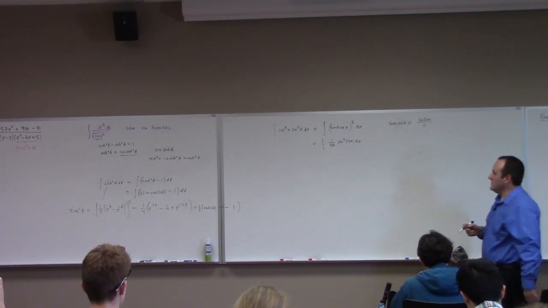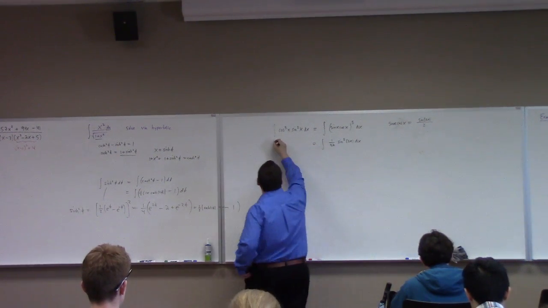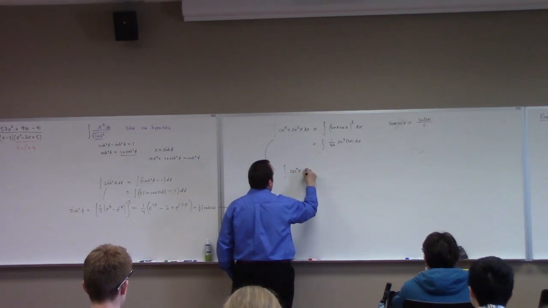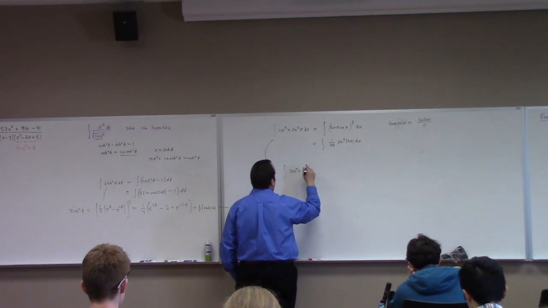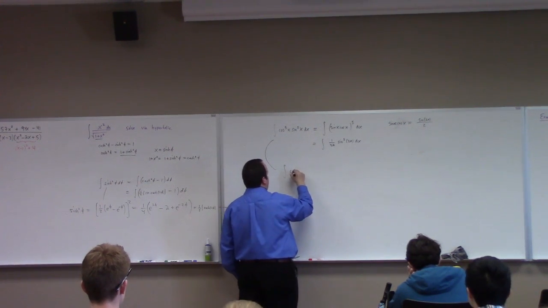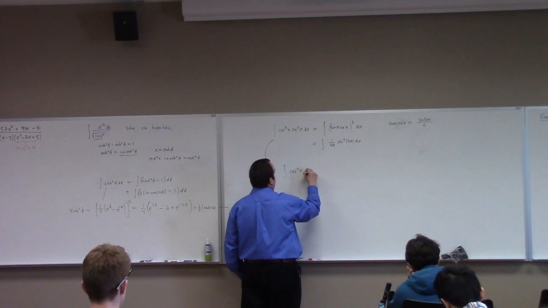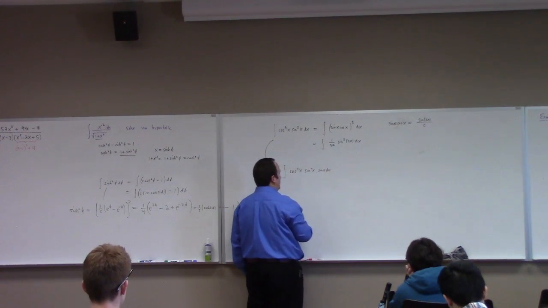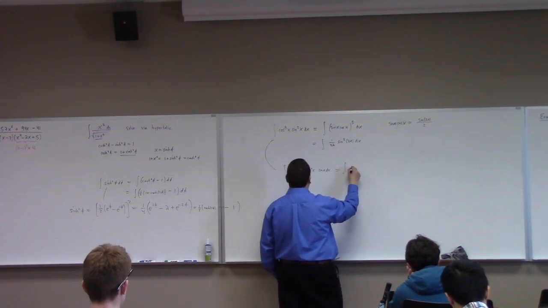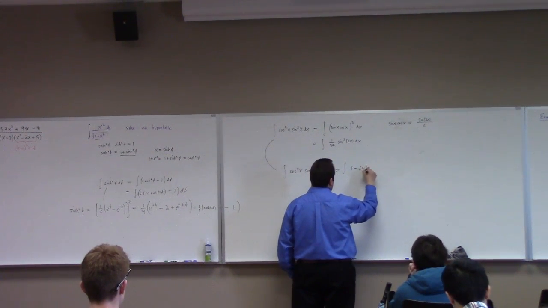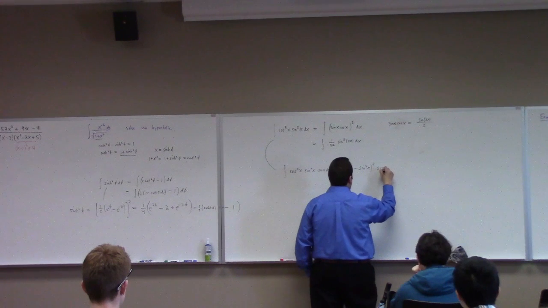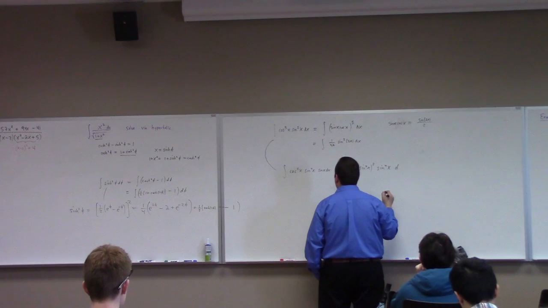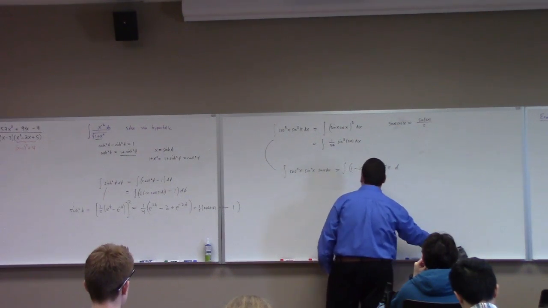Another probably equally easy way would be to go, okay, so that's the integral of cosine to the fourth x, sine to the, I'll tell you what, I'll pick on the sine. Cosine to the fifth x, sine to the fourth x, sine x dx, right, like this. Oh, I'm sorry, let's try that again.